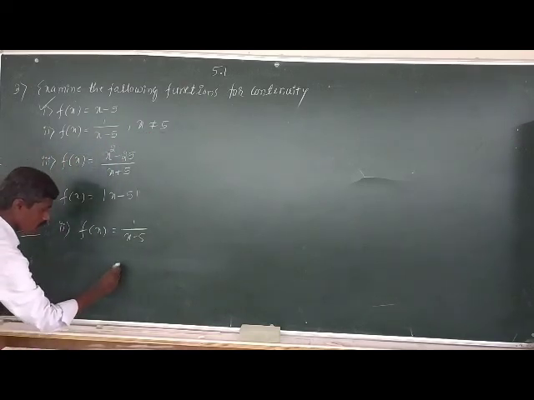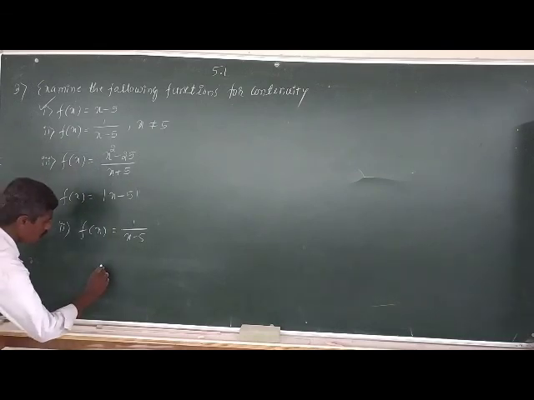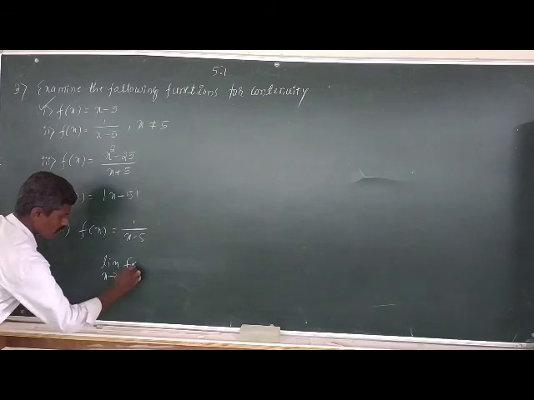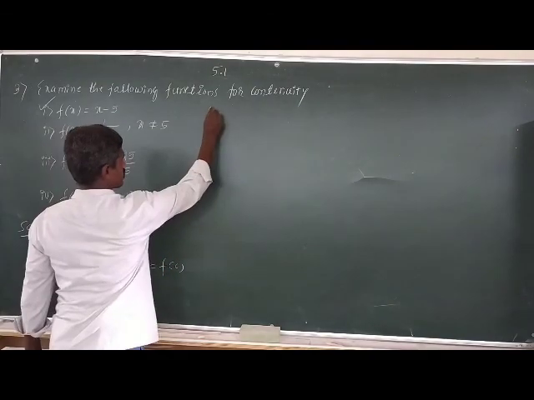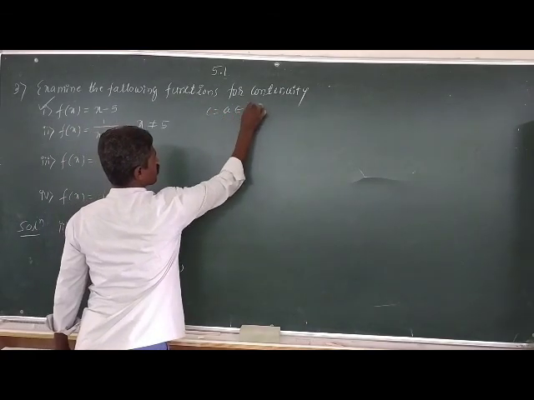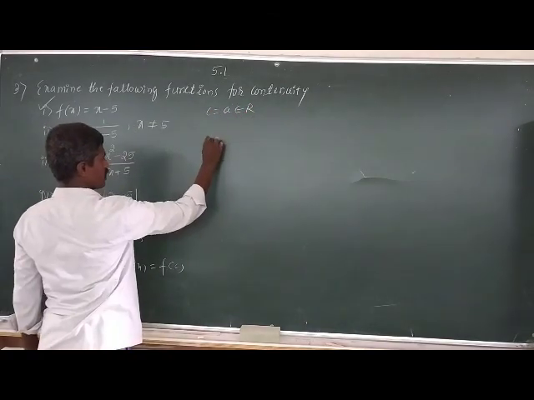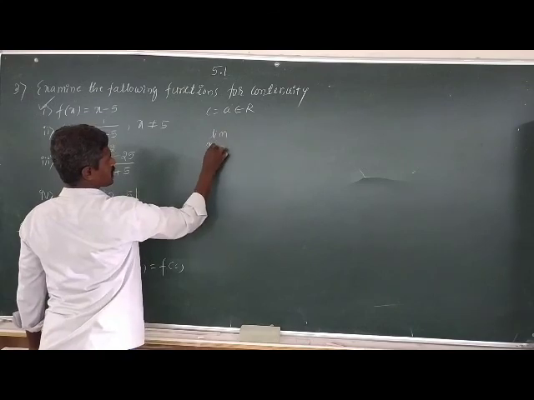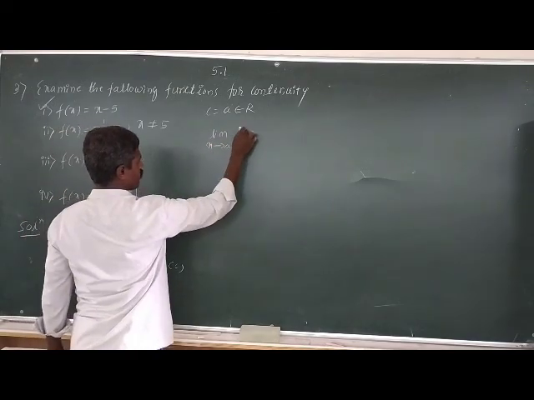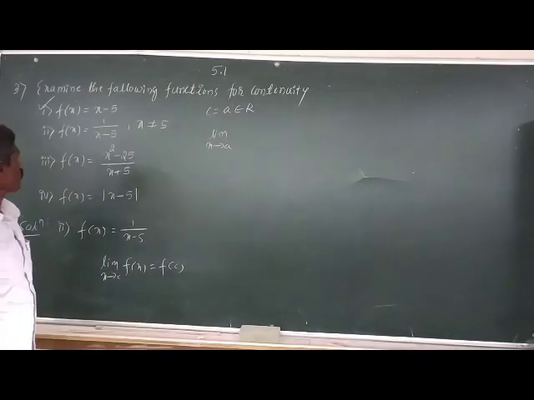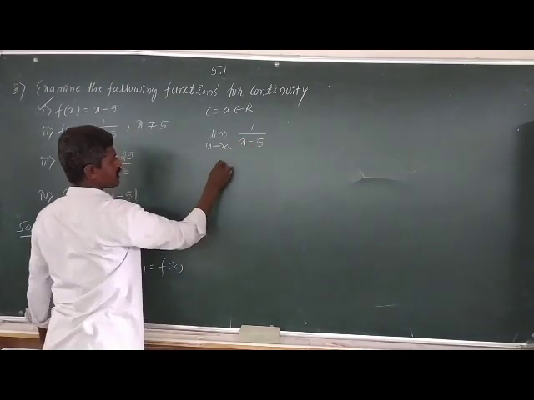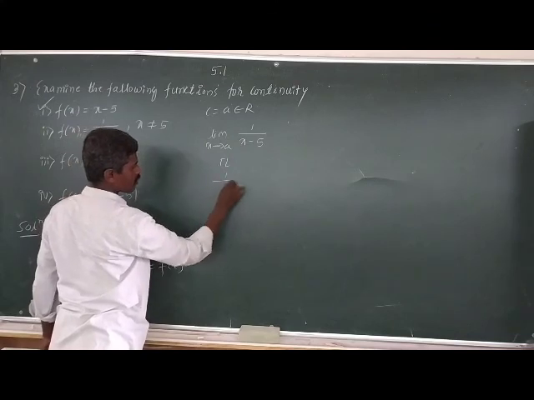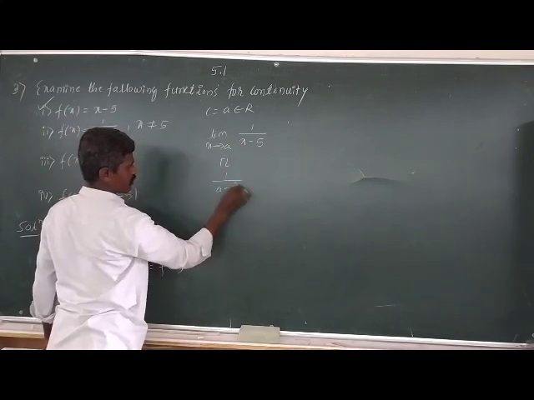So here also we have to check limit as x tends to c of f of x is equal to f of c. Take c equals a, which belongs to some real number. Then limit as x tends to a of f of x, here 1 by x minus 5. Taking the limit, the function becomes 1 divided by a minus 5.